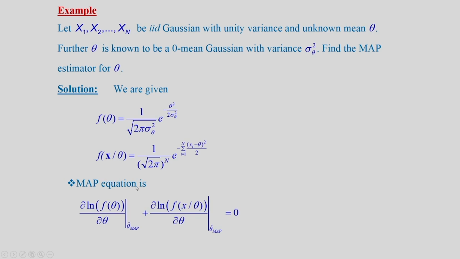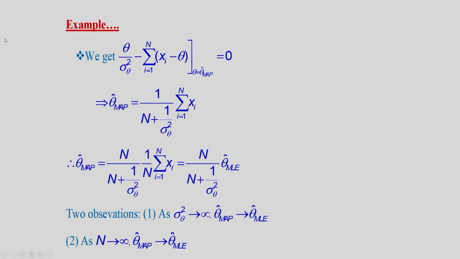Now we will consider the MAP equation: del theta of log f(theta) plus del theta of log f(x given theta) at theta equal to theta hat MAP must be equal to 0. This will give us the relationship theta over sigma theta square minus the summation of (xi minus theta), i going from 1 to n, at theta equal to theta hat MAP, equal to 0.